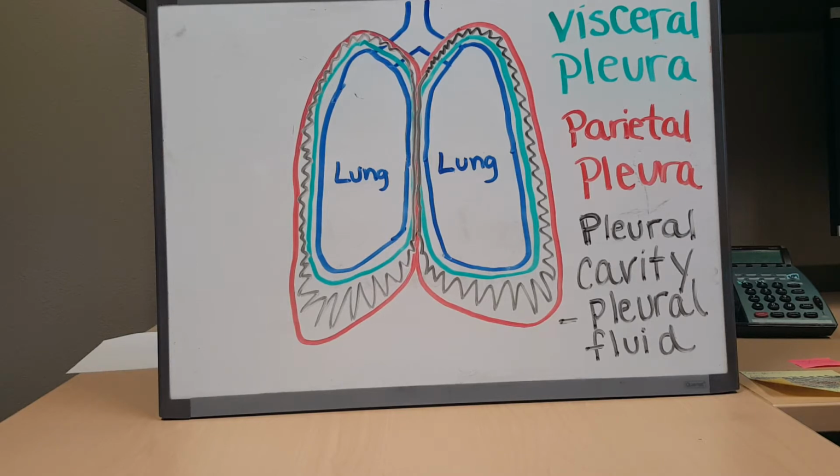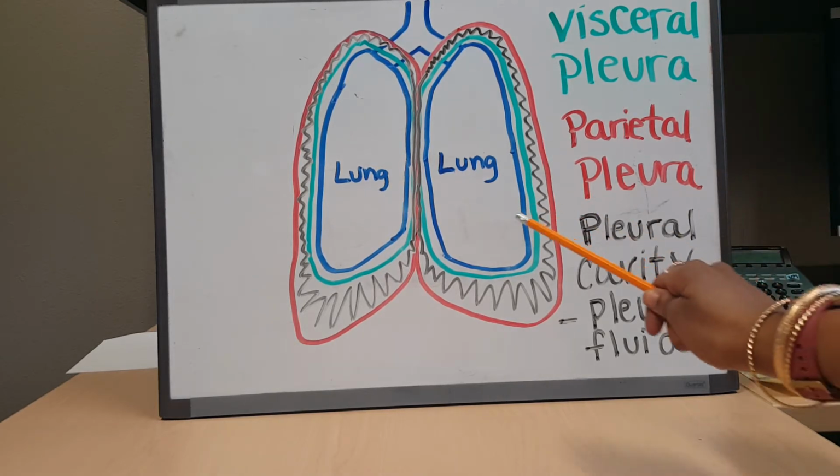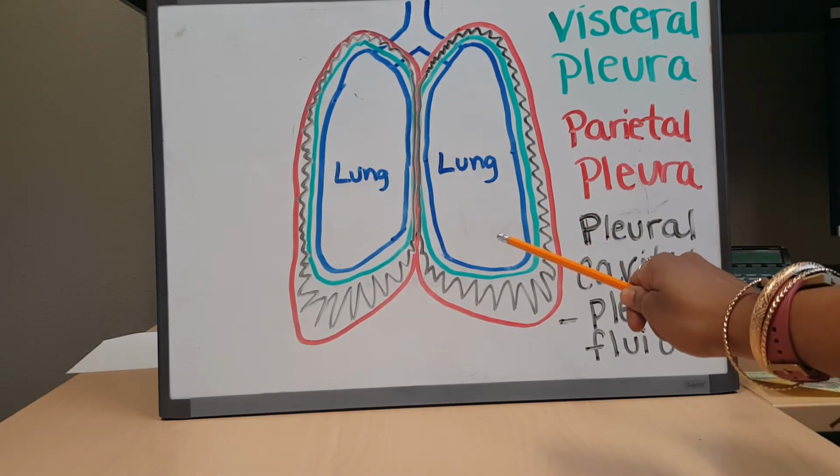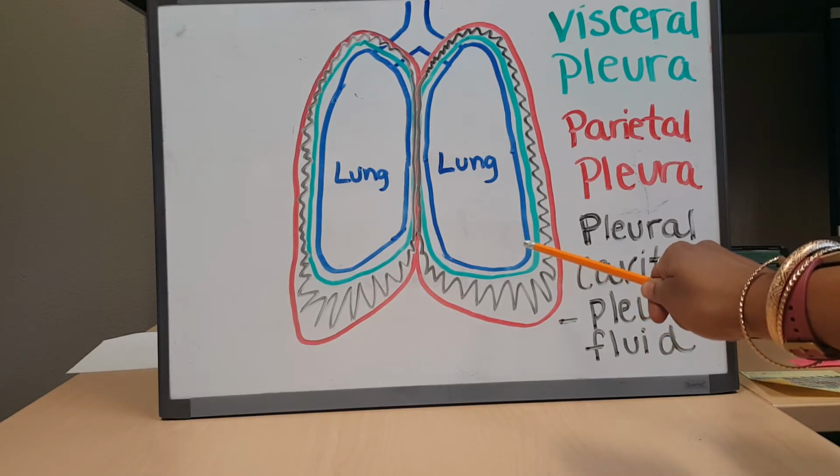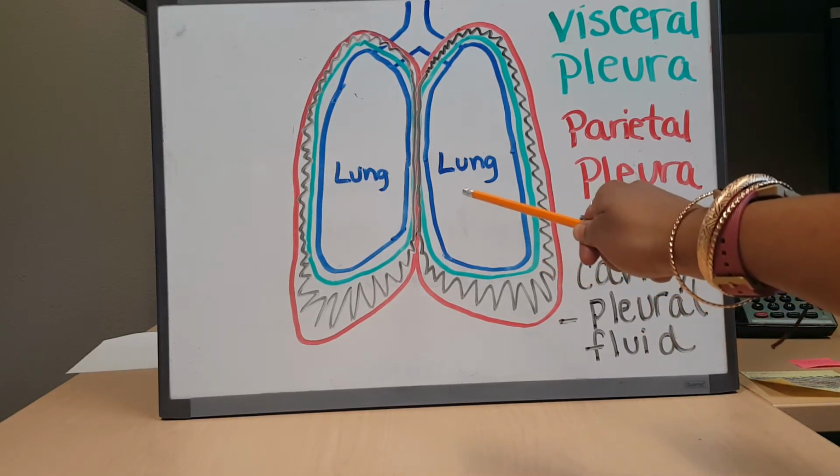In between these two layers is another area called your pleural cavity. Your pleural cavity is filled with pleural fluid. This helps with normal lung function. Your lungs are kind of like a balloon and they're elastic, so they tend to draw inward.